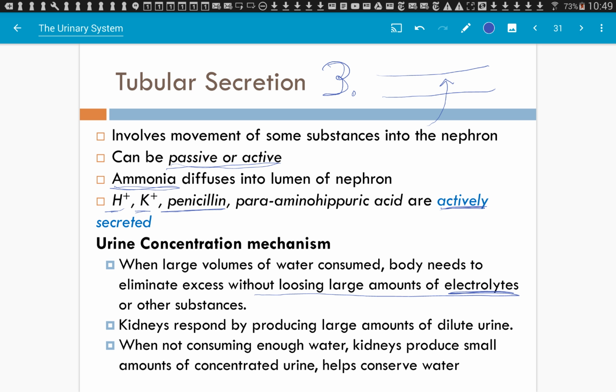And so kidneys make dilute urine, and then they keep those electrolytes. Otherwise, you will have some serious problems. And then on the other hand, if you're not drinking enough, your kidneys are going to reabsorb as much water as possible back into the interstitial fluid, back into the venous system of the kidney. And so therefore, it's going to make really concentrated urine so that you can conserve as much water as possible, but still be able to get rid of waste.